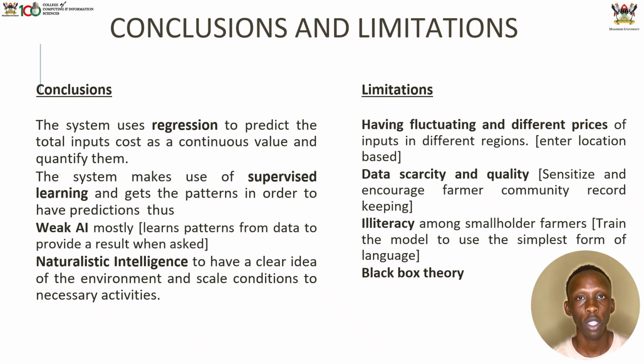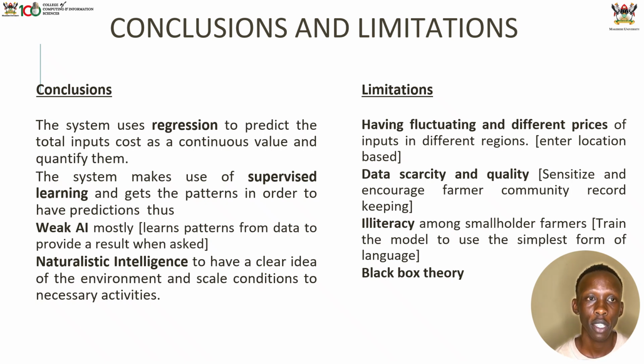So now, when it has learned using supervised learning, when you give it an input, it can give you the actual result based on the data I've been giving it to give you a more classic prediction. And this really shows that it's using more of weak AI, because it's almost like a simulation of what would happen.